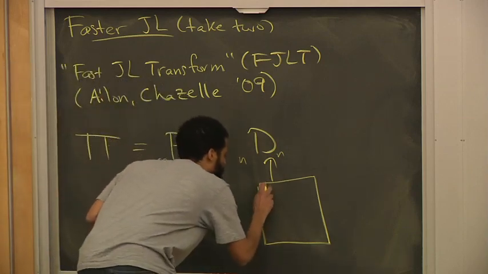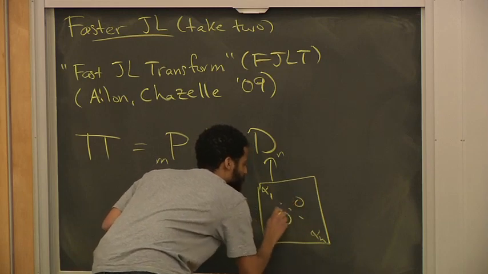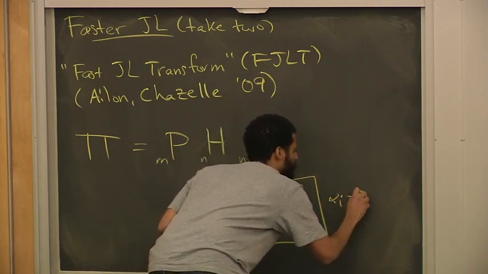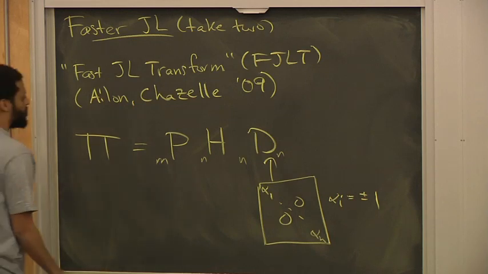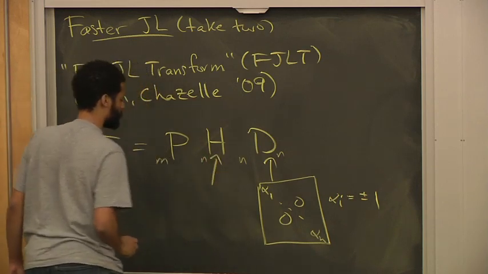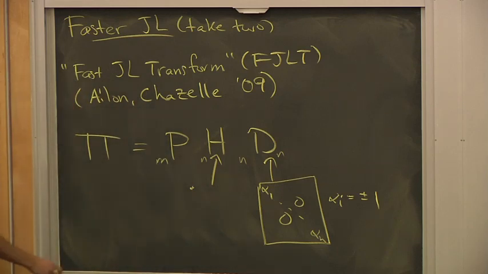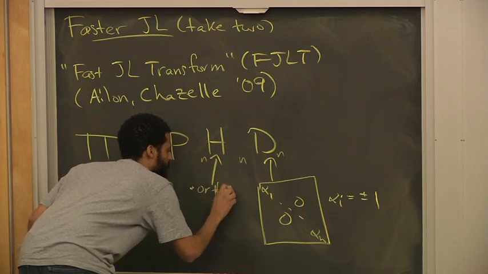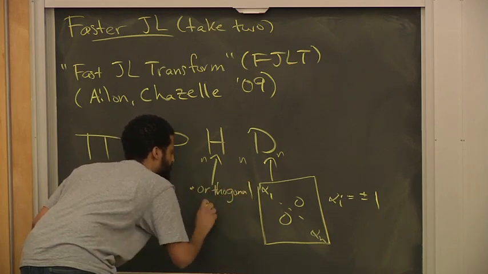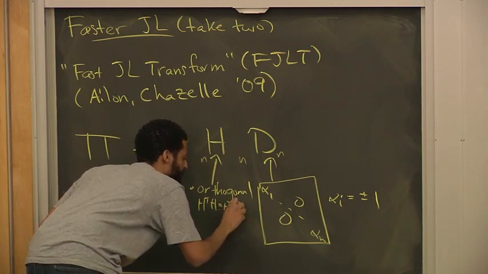D is going to be a diagonal matrix with random signs on the diagonal. For H, we just need two properties. The first is that it's an orthogonal matrix. If you forgot what that means, H transpose H is equal to H H transpose is the identity.